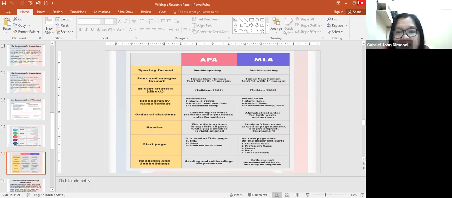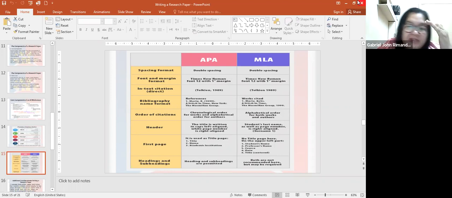In MLA, same, but it should be alphabetical order, no? Itong isa chronological order. When we say chronological order, as the references appear in your research work. Okay, so that's how you will list them down as well.